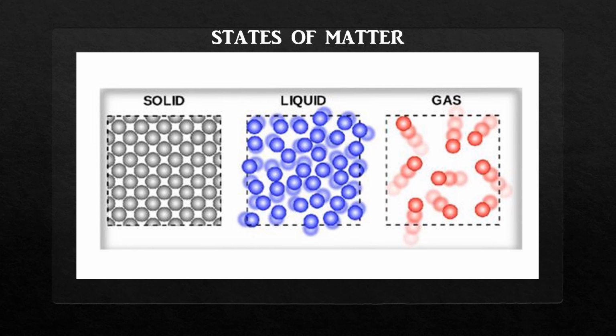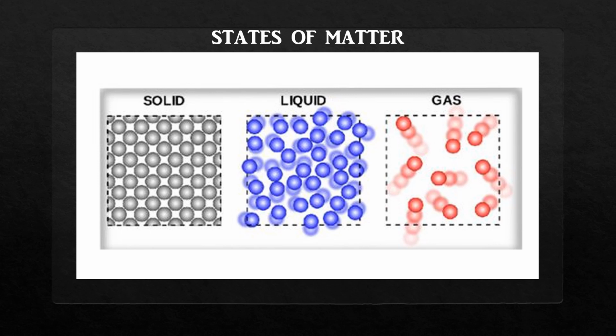And the fluidity in both of these states is due to the fact that the molecules are free to move about. On the other hand, in solids, the constituent particles have fixed positions and they can only oscillate about their mean positions. Thus, solids are rigid.